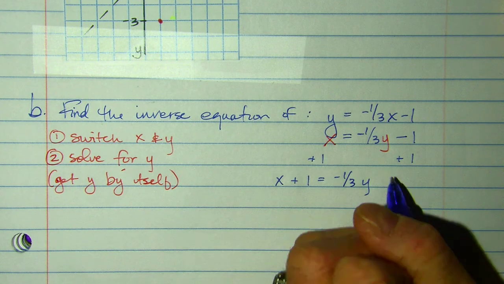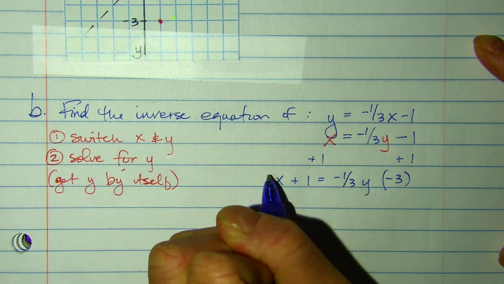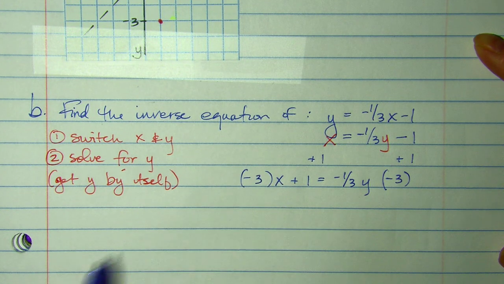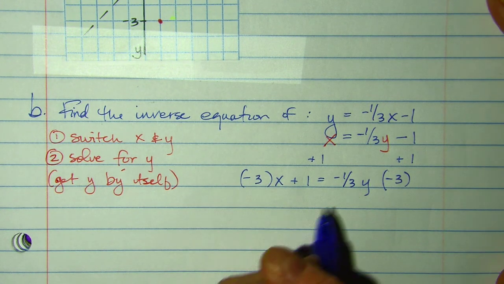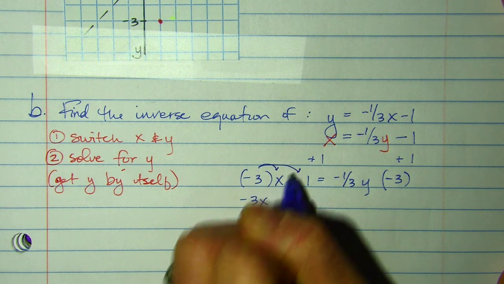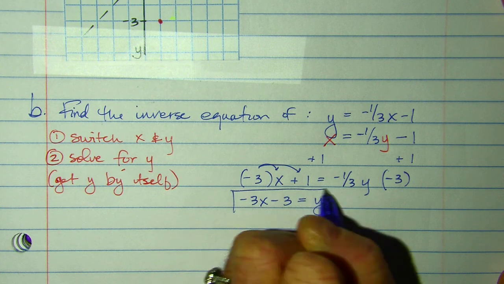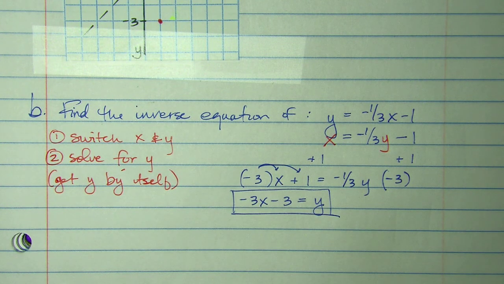To get rid of that fraction, we multiply both sides by the reciprocal. The reciprocal of negative 1/3 is negative 3/1. So on the left, I have negative 3x minus 3 equals y. Pretty straightforward, and that is it.